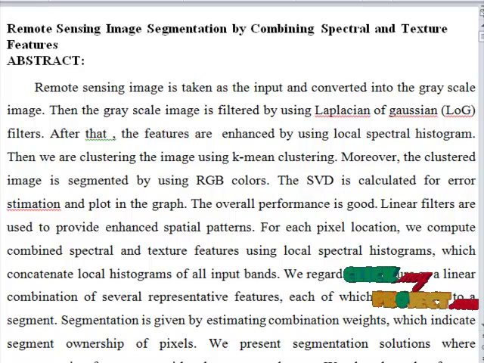Here, clustering means a classification of objects into different groups, or more precisely, the partitioning of a data set into subsets so that the data in each subset share some common trait, often according to some defined distance measure.